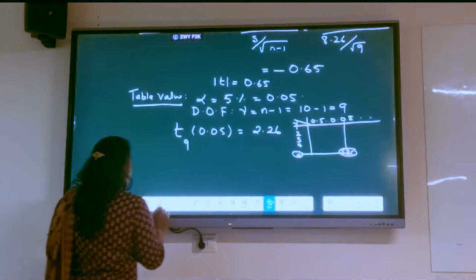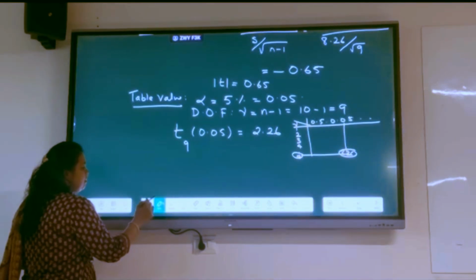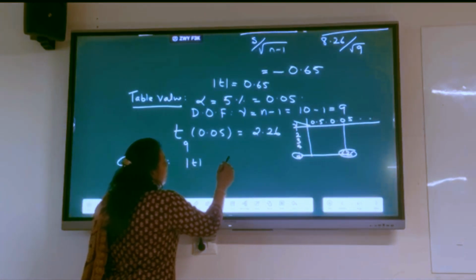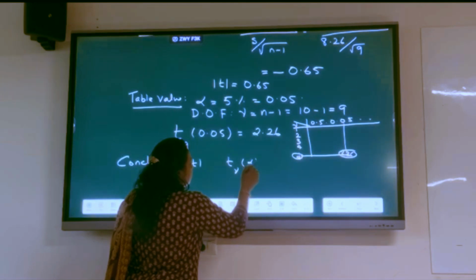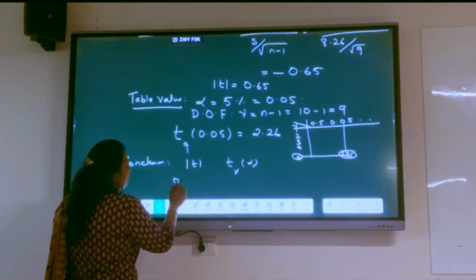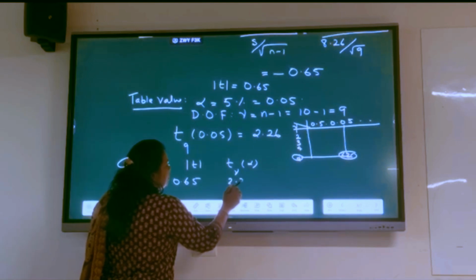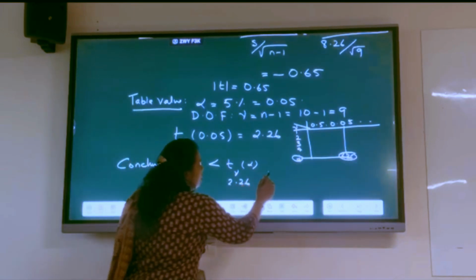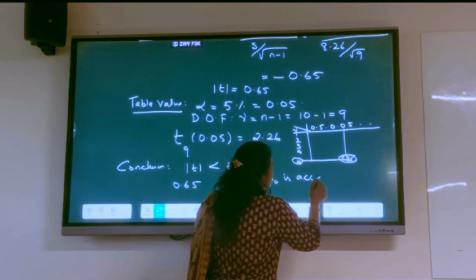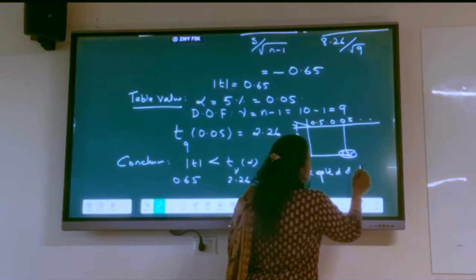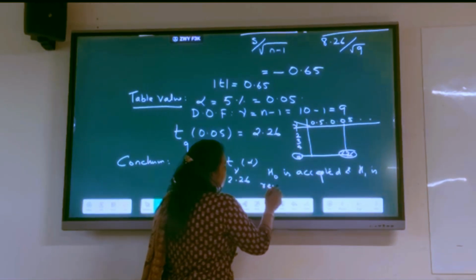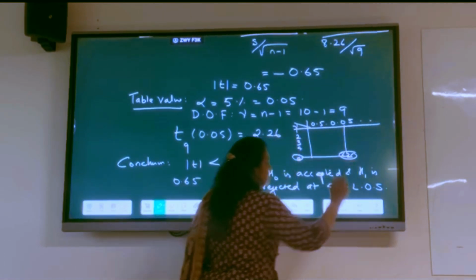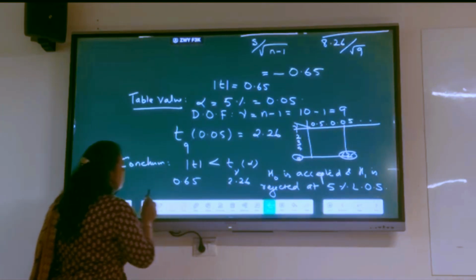So now we have come to the conclusion. You compare mod t and t nu of alpha. Mod t value is 0.65 and the table value is 2.26. So obviously this one is lesser than this. So H naught is accepted and H1 is rejected at 5% level of significance.